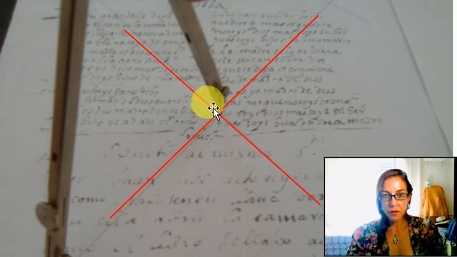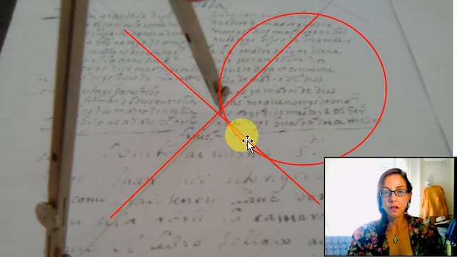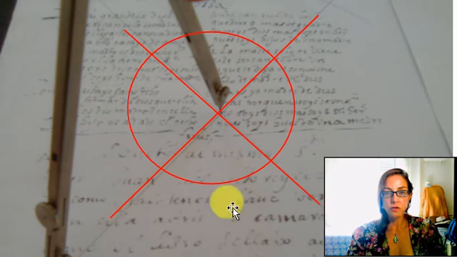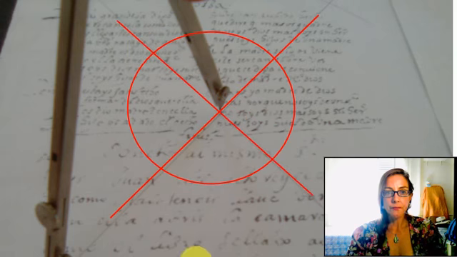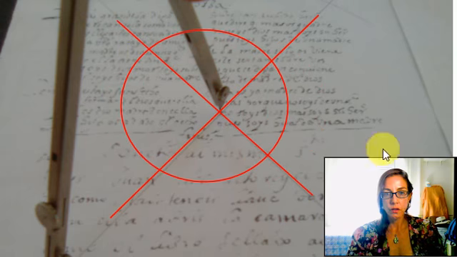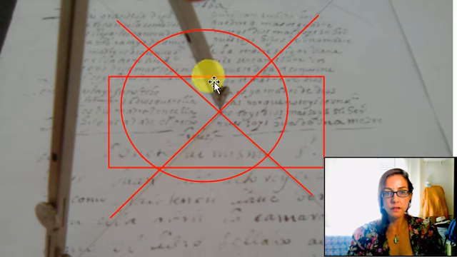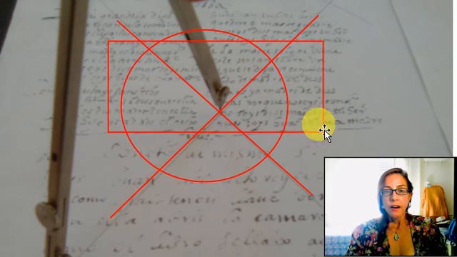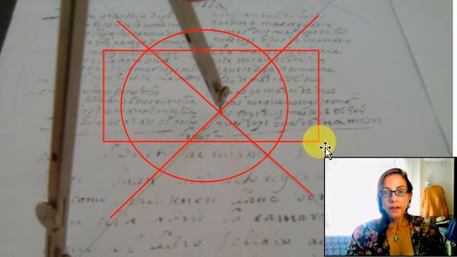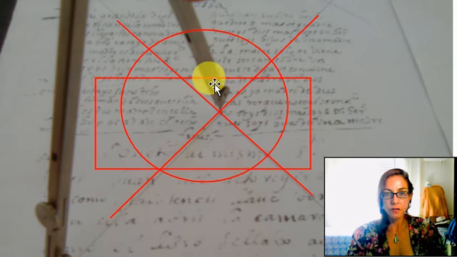Then with the compass at this point I drew a circle, and where the circle cut the page, I drew a rectangle, right from this corner to the other corner, and then the corner downstairs.